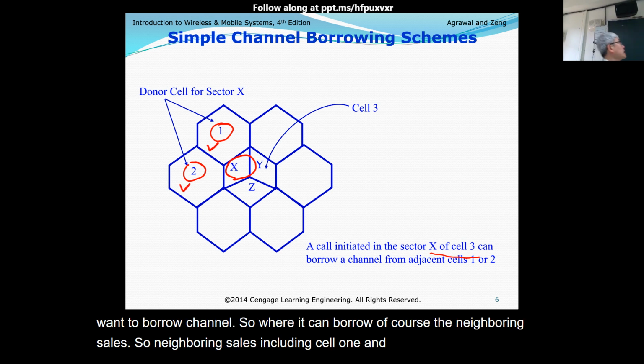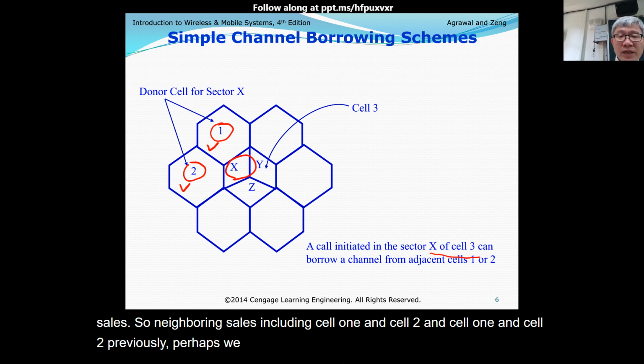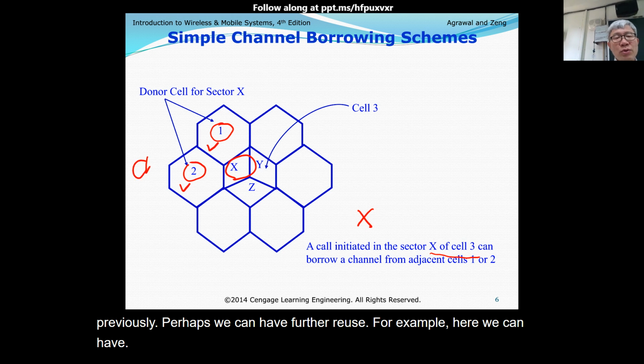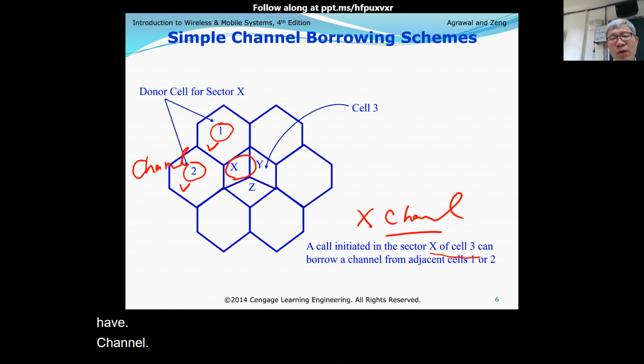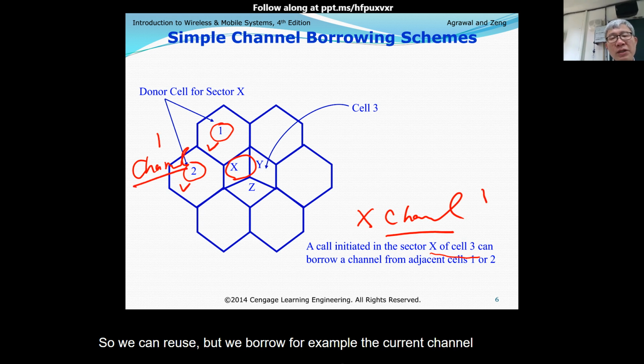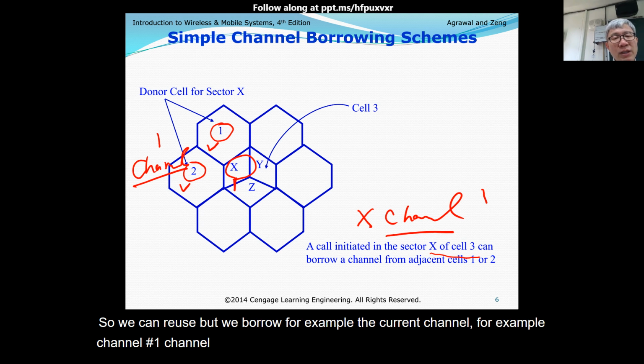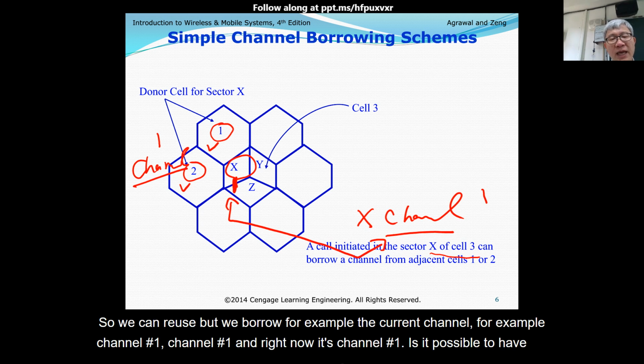And for cell 1 and cell 2, previously perhaps we can have the reuse, for example here. We can reuse the channel. But if we borrow, for example, channel number 1, and right now use channel number 1, is it possible to have simultaneous usage of the same channel?